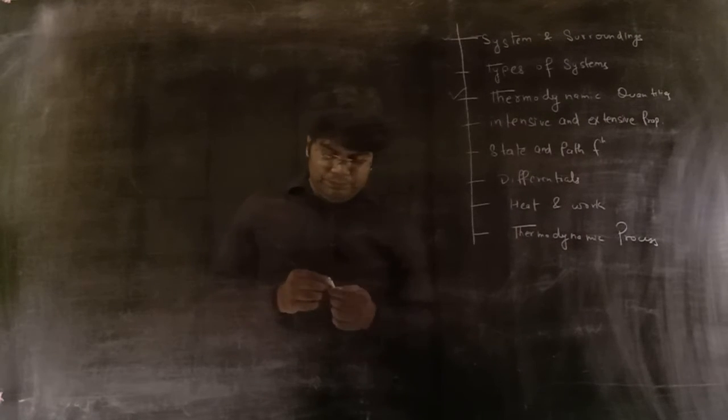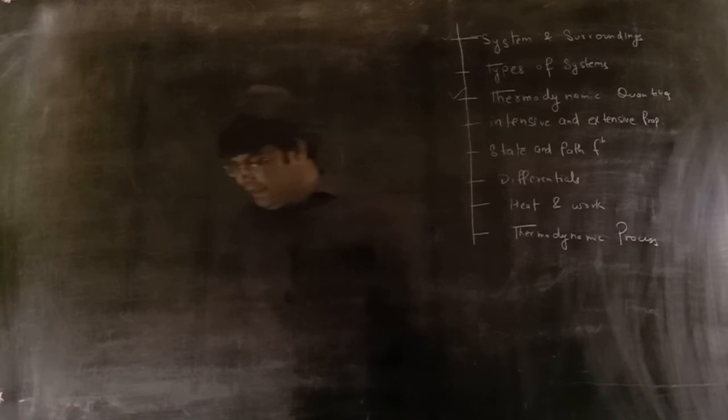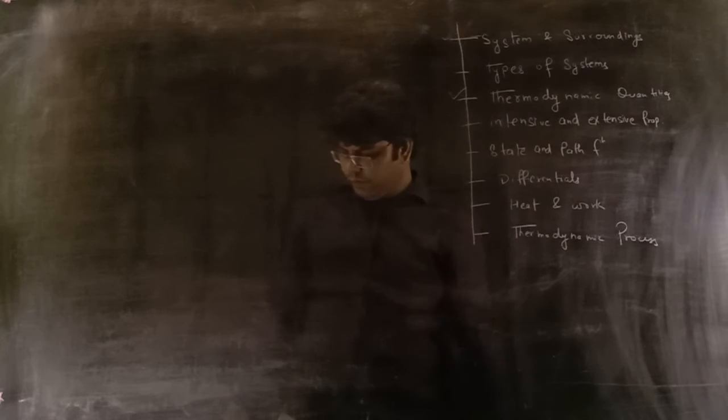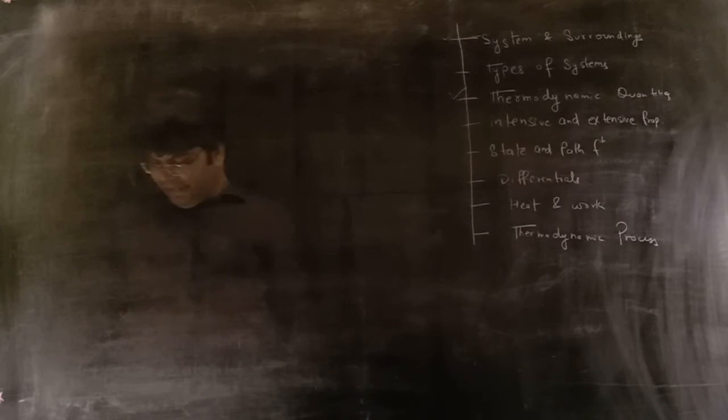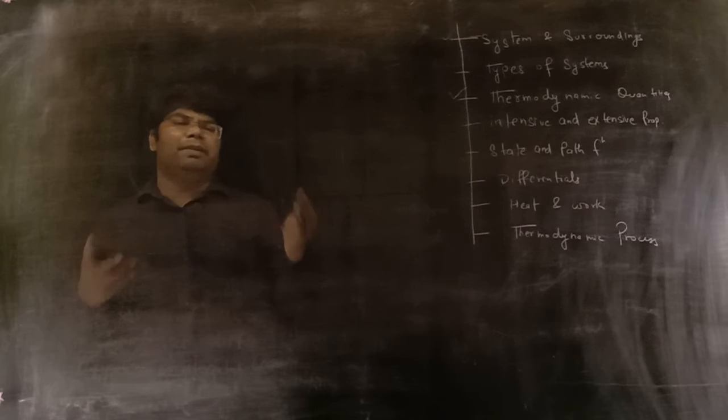Thermodynamic process. We will do heat and work after this. What is a thermodynamic process? If the properties of a system do not change with time, it is said to be in a particular state.